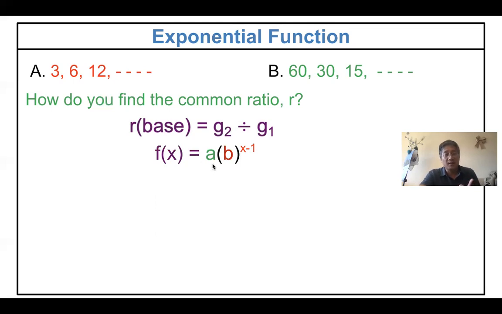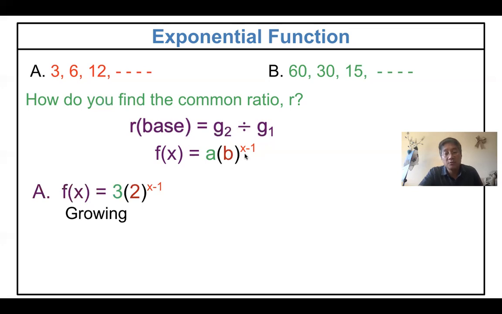What is a? a is the first term, the starting number. And b is the base, the r here. And the exponent must be x minus 1, because we already know a is the first term, then the next is when x is 2, you multiply by the base.